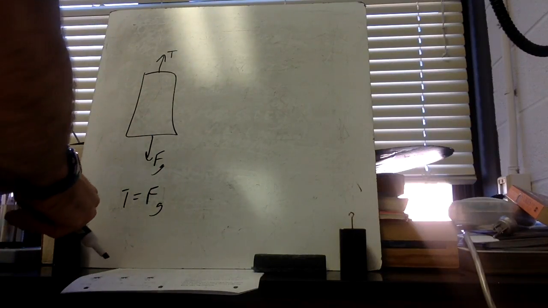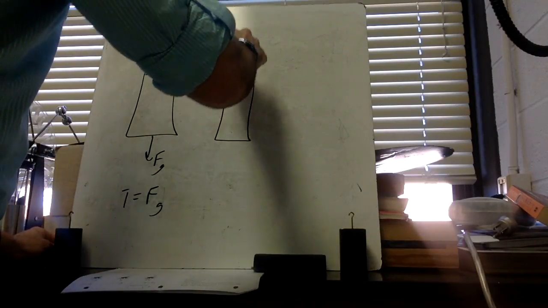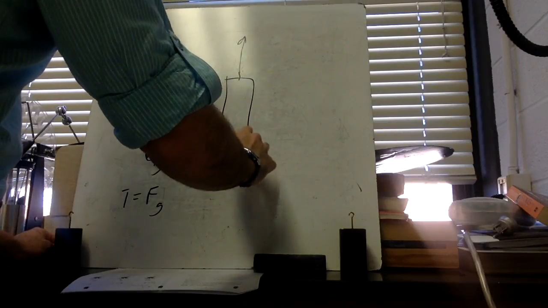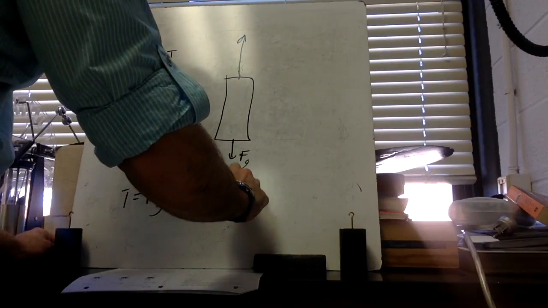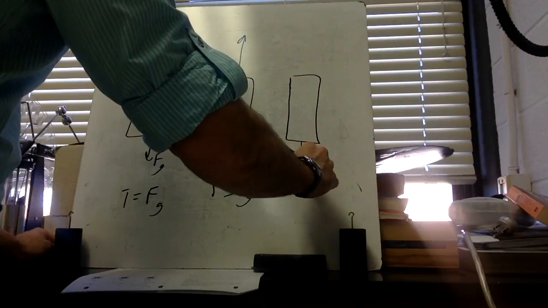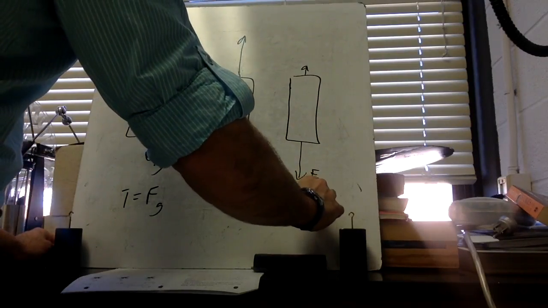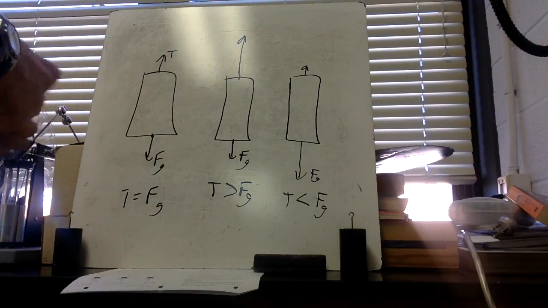Then for B, if it's upward acceleration, that means that T is greater than Fg. And then if it's accelerating downward, that means that T is less than Fg.